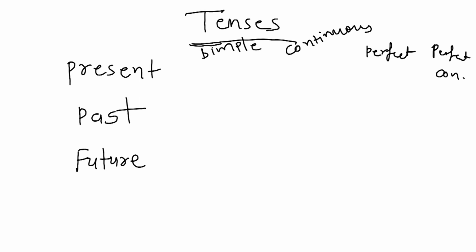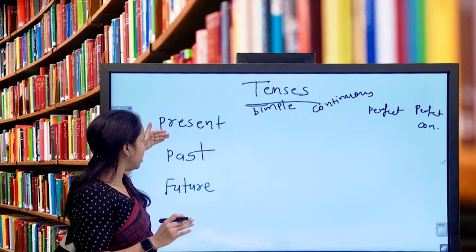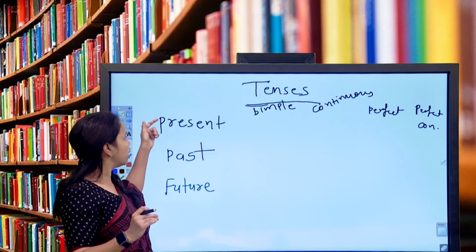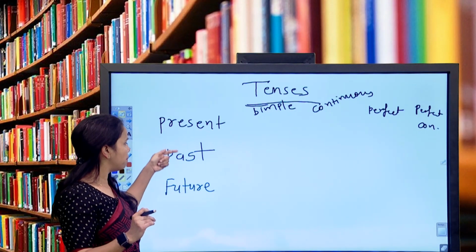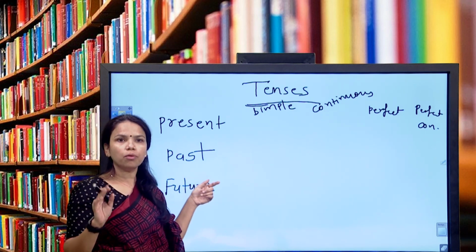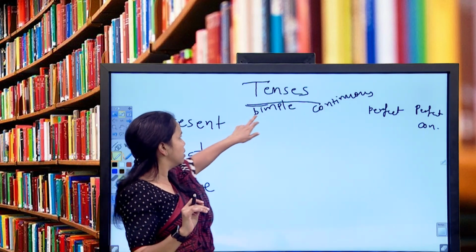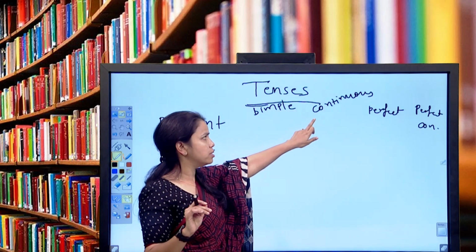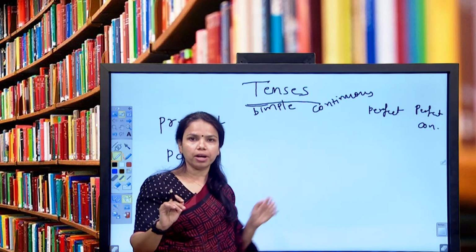Whenever we are talking about tenses, any tense is divided into 3 times. What are the 3 times? Present, past and future. And there are a total of 4 aspects: simple, continuous, perfect and perfect continuous.